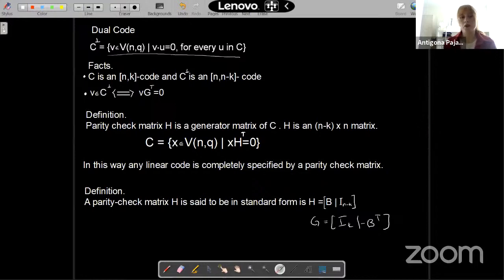There is a standard form for a parity check matrix as well, and we can write it as B on the left side and the identity matrix on the right side. I didn't add it here, but there is a theorem that says that if we know the parity check matrix in standard form, we can also find the generator matrix, and it's an if and only if statement.